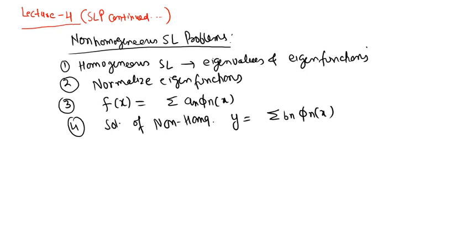So what we do here, firstly we will solve a homogeneous one, find eigenfunctions, say they are phi n, normalize them, and then write f(x) and the solution of non-homogeneous as a linear combination of those normalized eigenfunctions. So these are the key steps to solve non-homogeneous Sturm-Liouville problem.